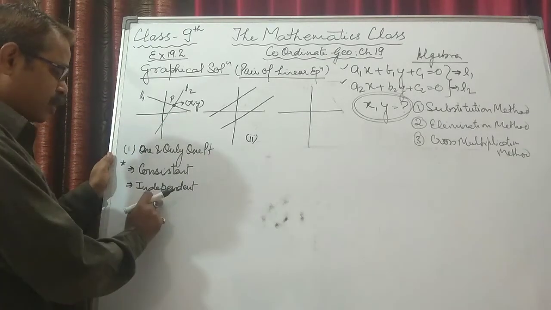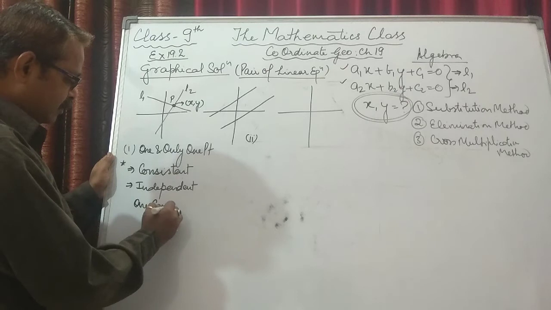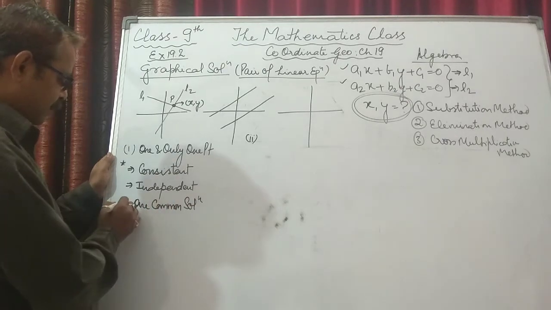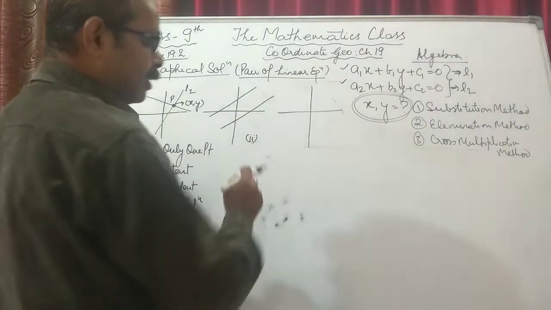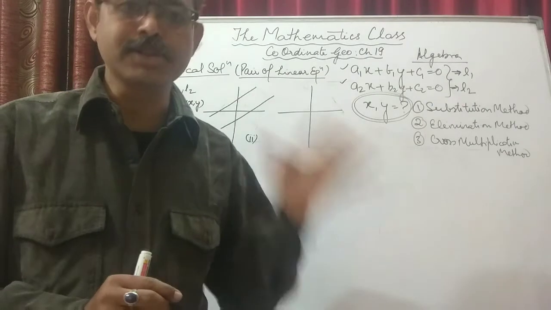In the first case they have one common solution. But when the lines are parallel, since they don't intersect, they will not have any common solution.